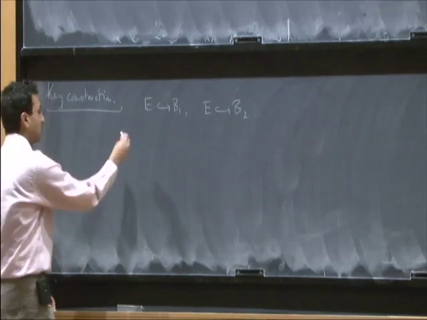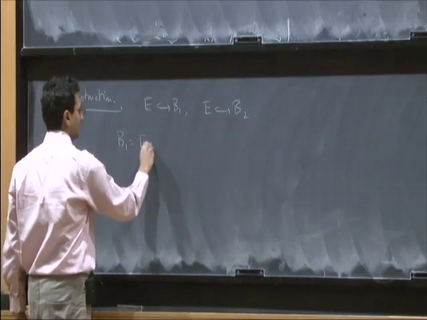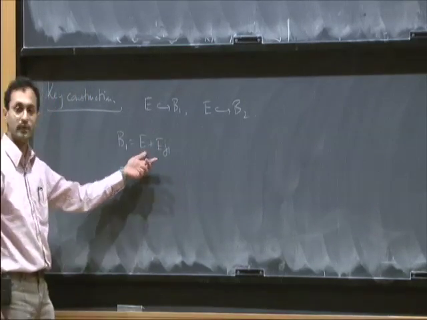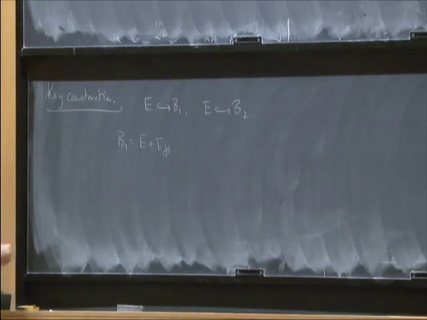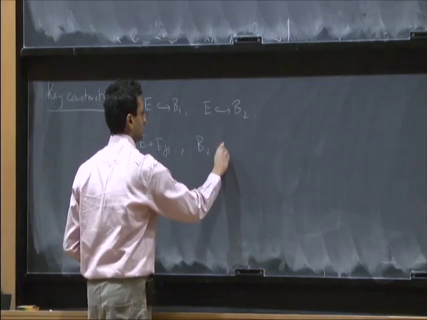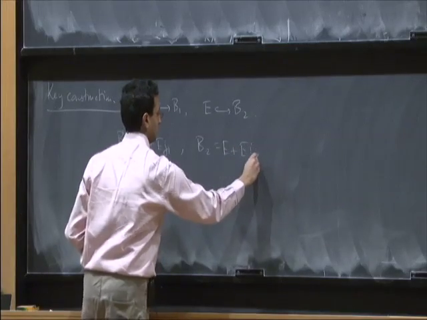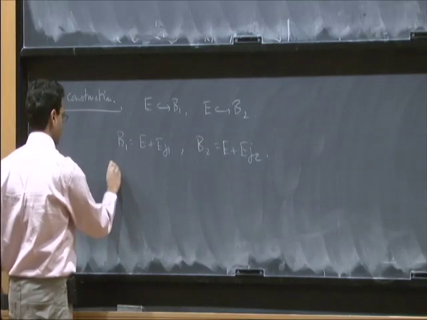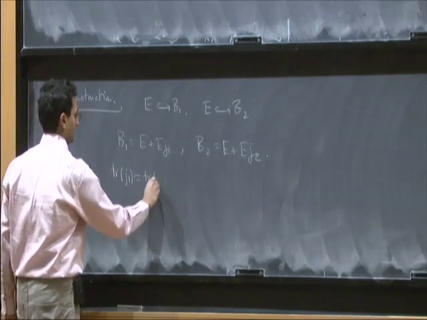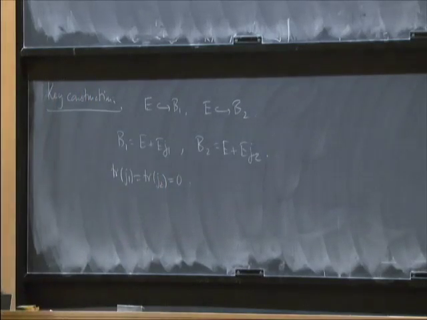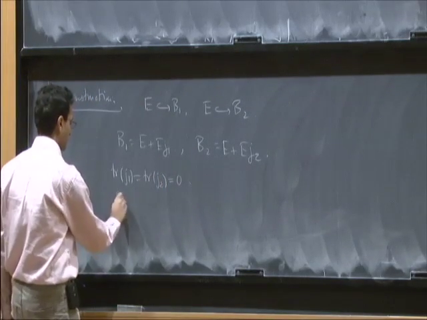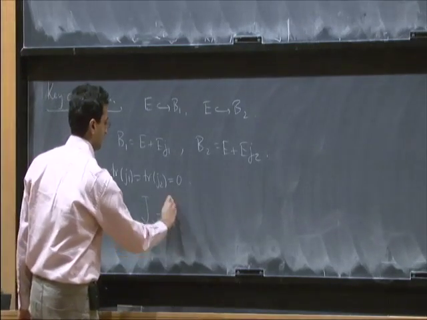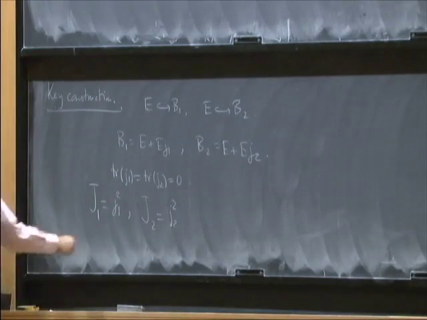And we can write B1, for example, as E plus EJ1, where this is an orthogonal complement for the norm form, and likewise B2 is going to be E plus EJ2. So J1 and J2 both have trace 0. Suppose that J1 squared, I'll call this capital J1, and J2 squared is capital J2. These live in the ground field F.